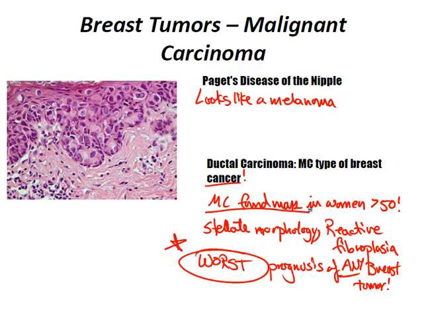You also have infiltrating or invasive lobular carcinomas. And lobular carcinomas frequently are multifocal and bilateral. Histologically, you're going to see an Indian file.